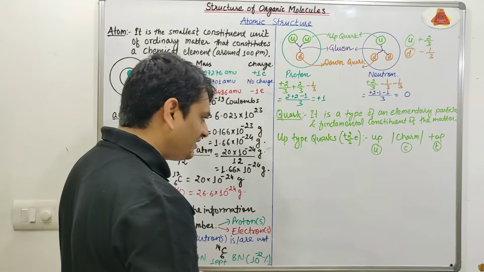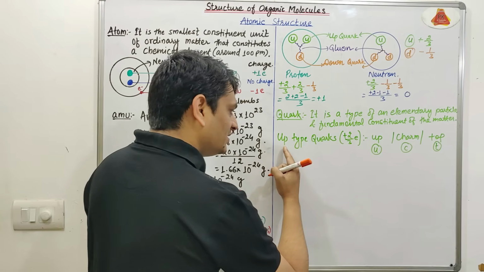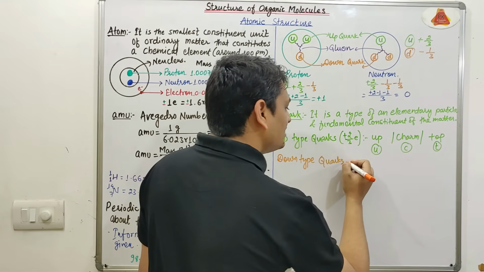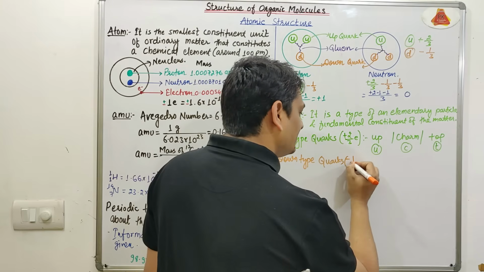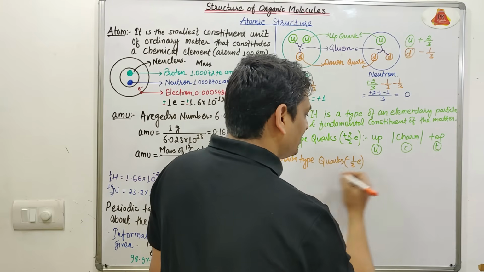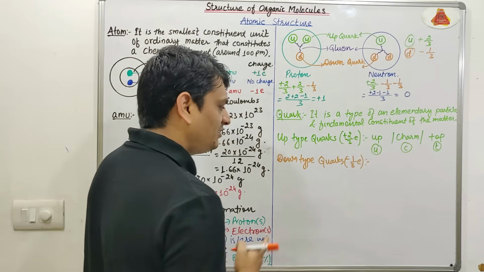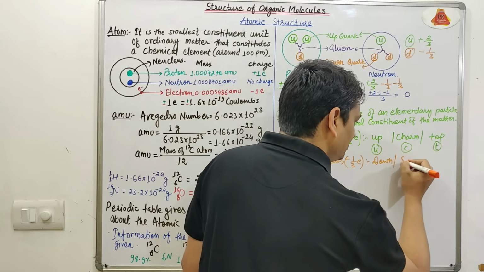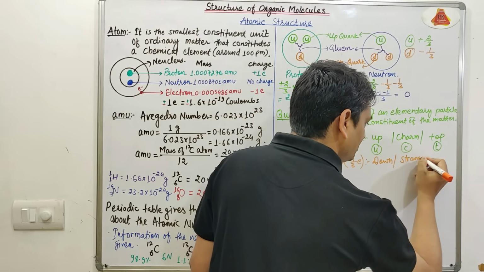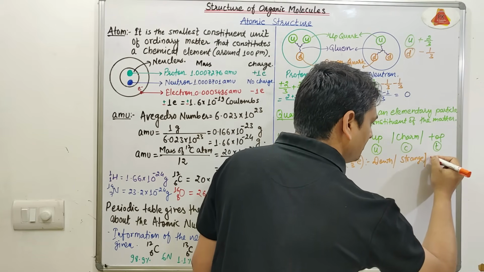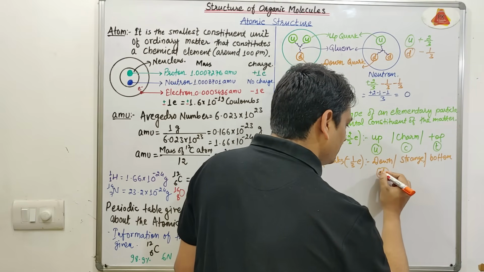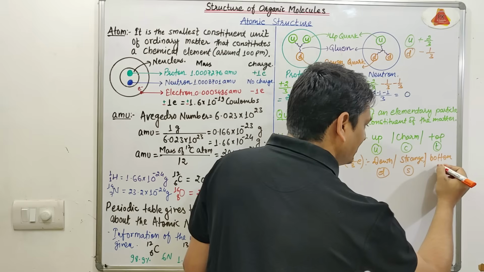Now coming to the second type of quarks, the down type quarks. The charge on down type quarks is minus 1/3 elementary charge, and the names of these down type quarks are down, strange and bottom, denoted by small d, small s and b.